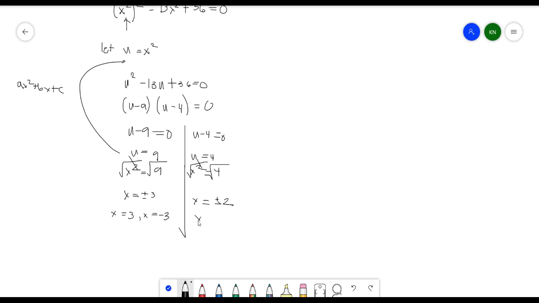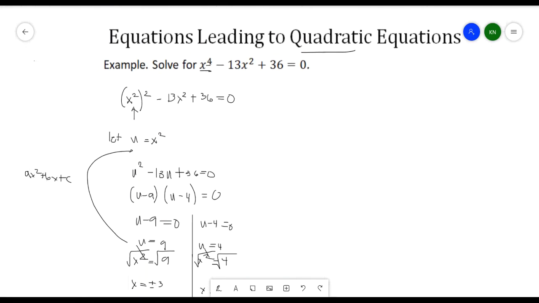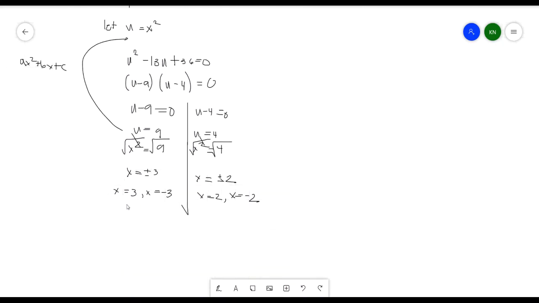So we have x equal to positive 2 and x equal to negative 2. As you can see, we have 4 roots, class, because our equation has the power of 4, meaning this equation will give us 4 roots. So in this case, our roots are 3, negative 3, 2, and negative 2.